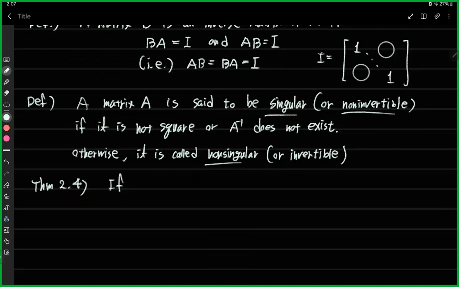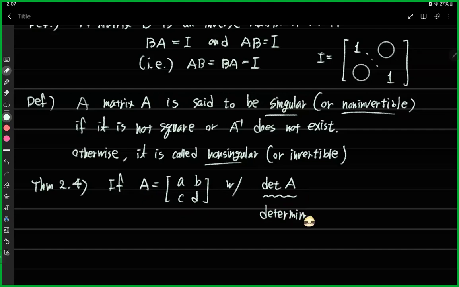If matrix A is [a, b; c, d], a 2 by 2 square matrix, with the determinant, which we will cover in chapter 3, of matrix A defined by AD minus BC, and this is not equal to 0.